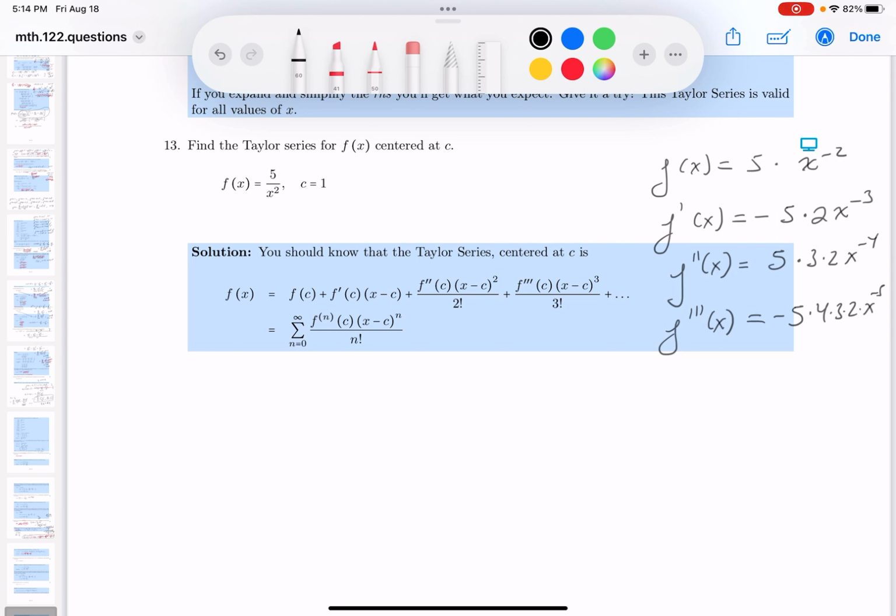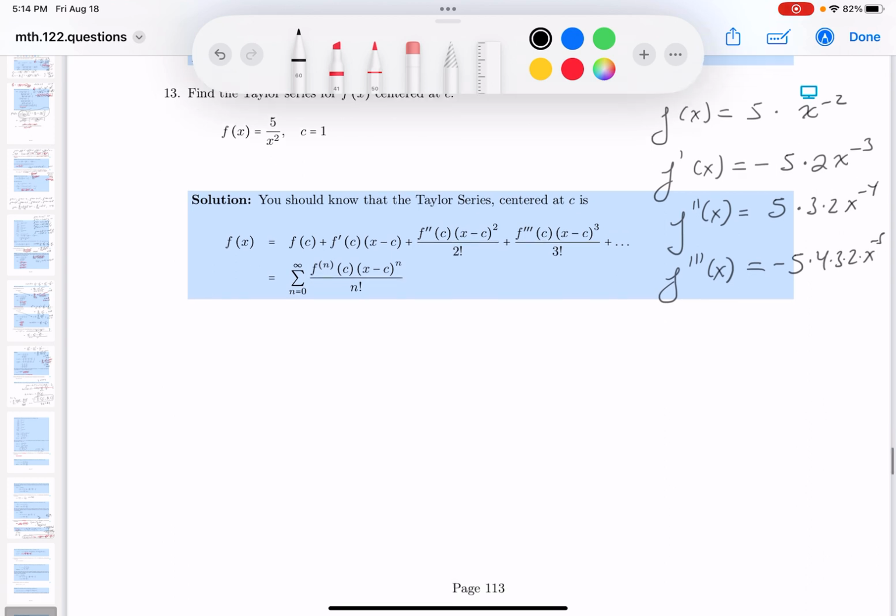So I'm trying to realize that there's a definite pattern to it. Let me write this over again. I'll write down what I see as the pattern. Definitely 5, and then 1 factorial, x to the minus 2. f prime, minus 5, 2 factorial, x to the minus 3.